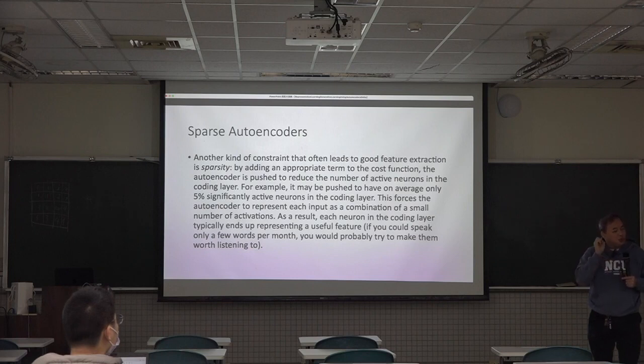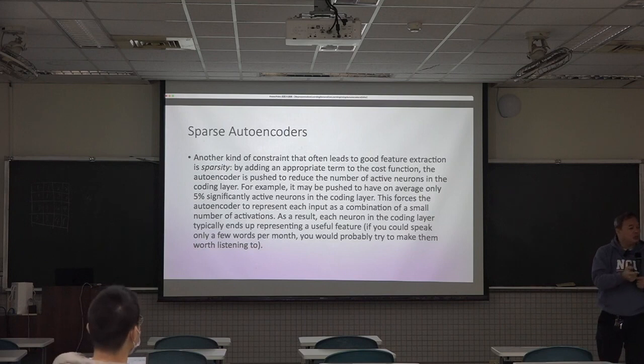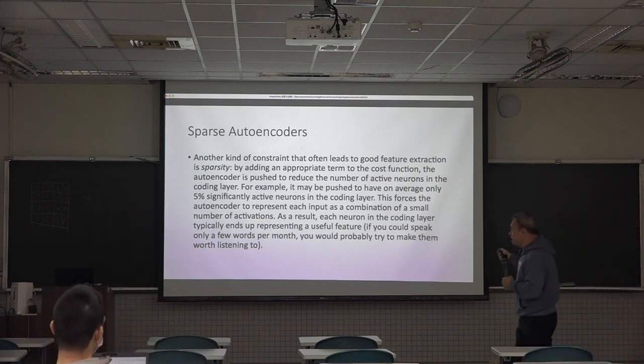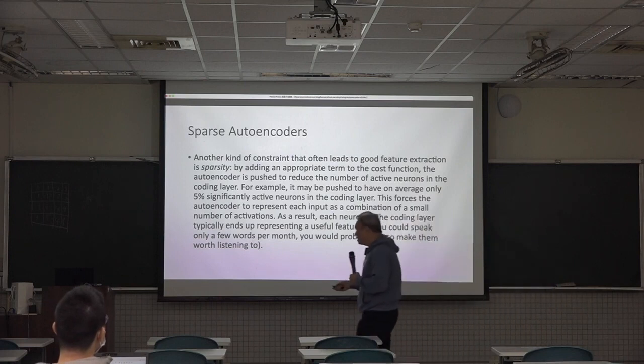Every time you open your mouth, the words you spit out must be very meaningful, because I put this restriction on you. So this is exactly just like this for the autoencoder as well.